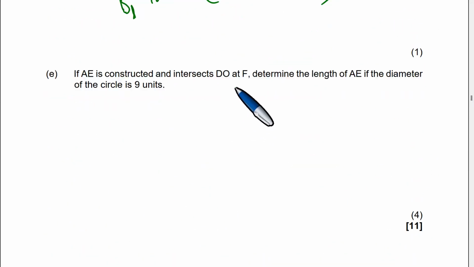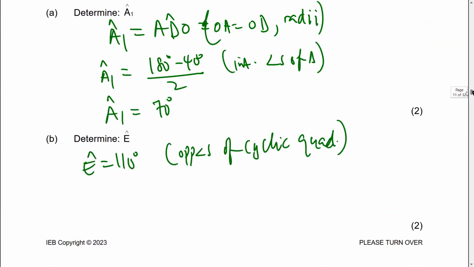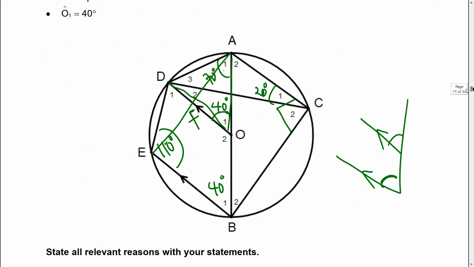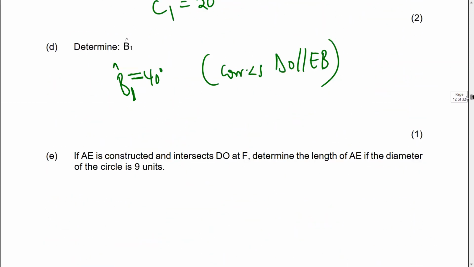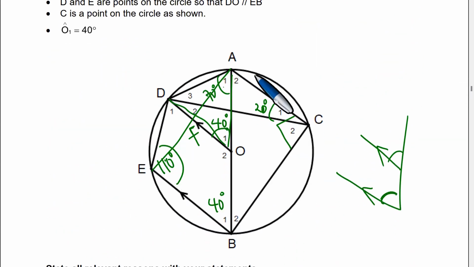So we need to find the length of AE. If the diameter of the circle, in other words the distance from here to there, is 9.